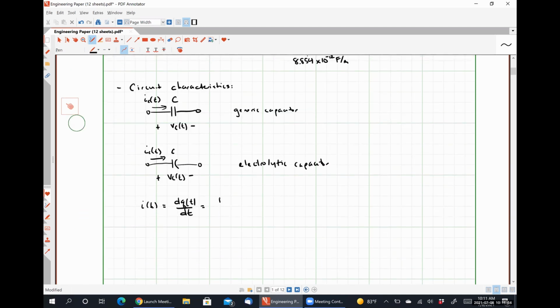So that would be the derivative with respect to time of C times V. And assuming that our capacitor value cannot change, what we get is C dV/dt. So the amount of current that flows through a capacitor is dependent on the capacitor value itself and the change in the voltage. Okay, so this is very, very important.